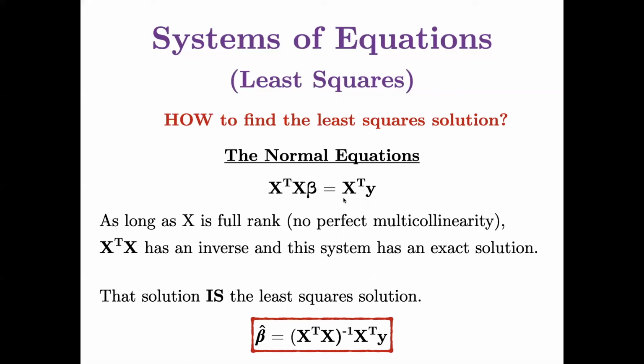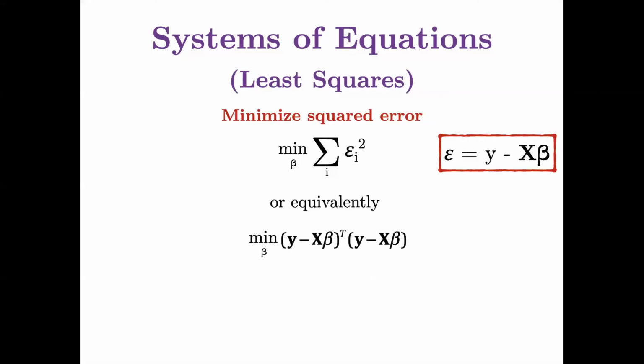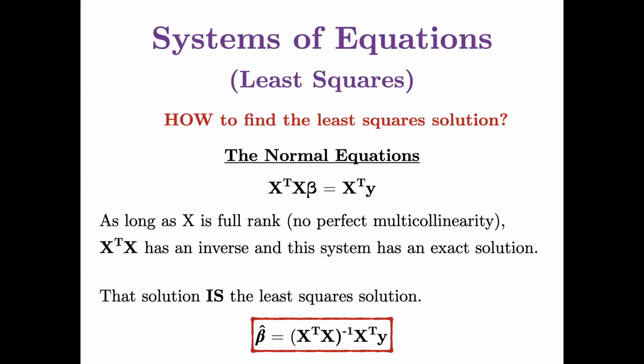We haven't yet discovered the machinery of why we need to do this. You can do it with calculus on this previous slide. If you actually work out this expression, take the derivative and set it equal to 0. For those of you who have taken calculus, you recall that's how you minimize or maximize something. You will arrive at the normal equations. If you haven't taken calculus, that's just fine. Don't worry about it. We won't be using much of it here.